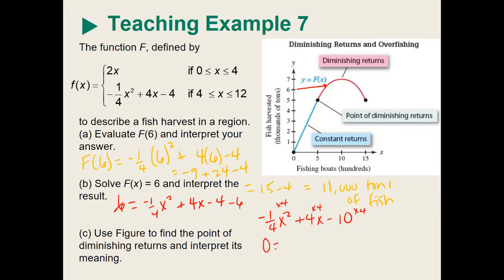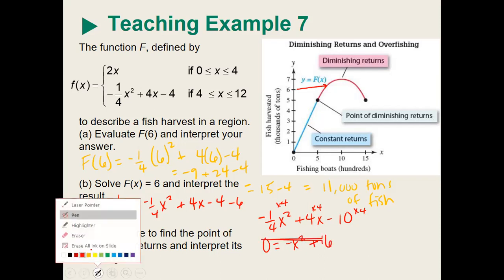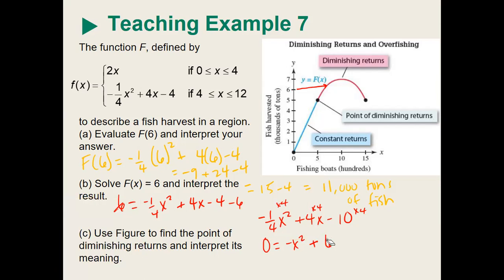So now I'm left with 0 equals -x squared plus 16x minus 40. And if I didn't want to deal with the negative, you just change the sign of everything. Multiply everything by a negative. And so now it's a simple situation.